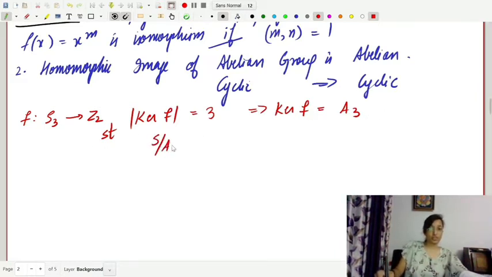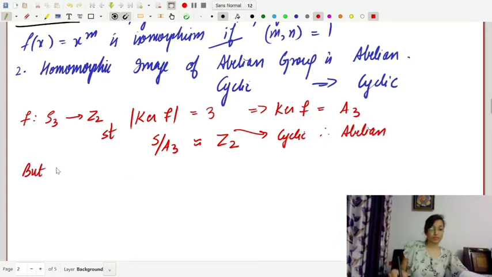And S3 modulo A3 is isomorphic to Z2, which is cyclic and therefore abelian, but S3 is not abelian and therefore not cyclic.